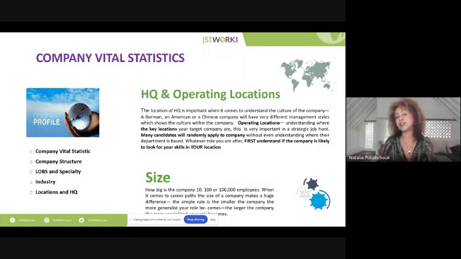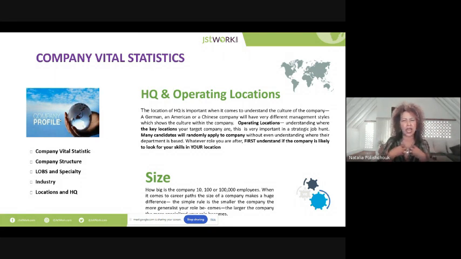So understand, first of all, where is the HQ, but also the operating locations. You know, we end up, for example, as a finance, we end up writing to lots of companies, but finance is a centralized function in many, and they may not have it in that local country. So really research the operation locations.